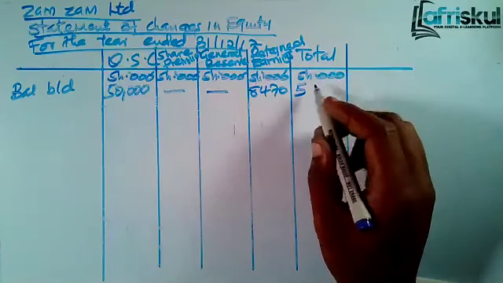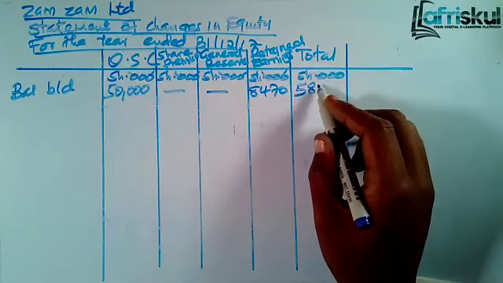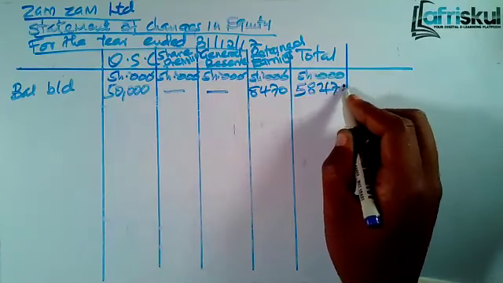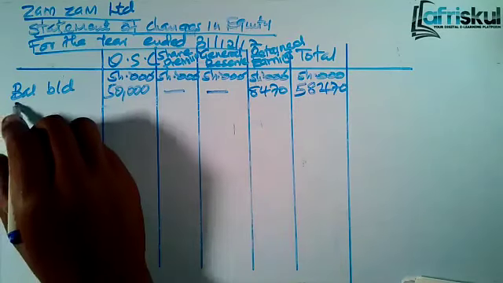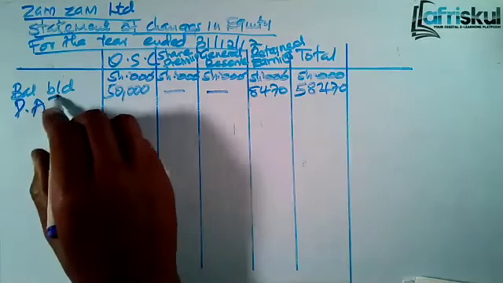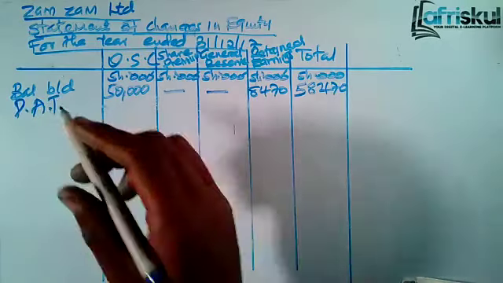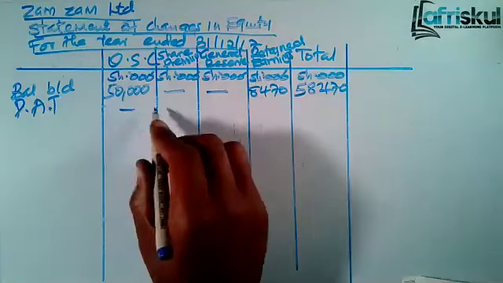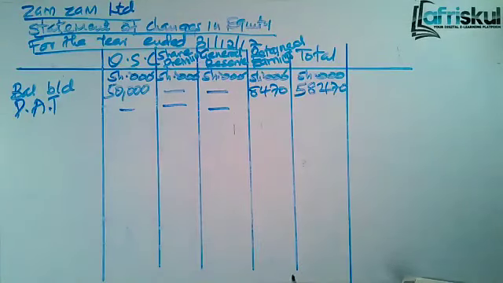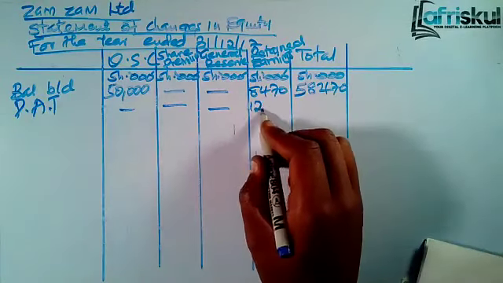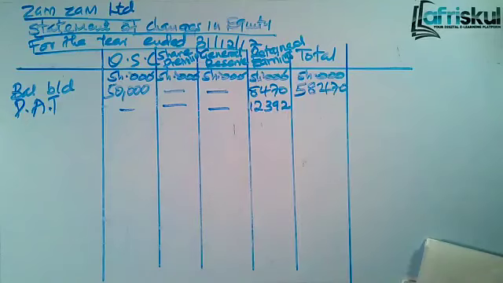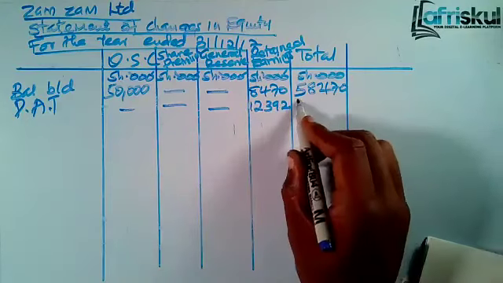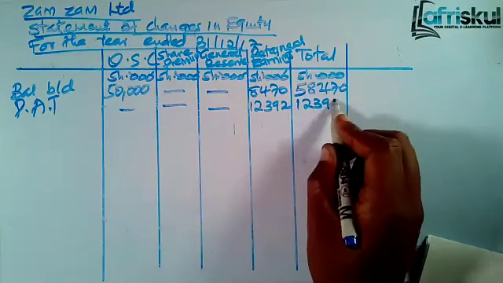When I take on my calculator, I'm getting 58,470. So from there, we'll add the profit after tax. What we've gotten as our profit after tax was a value of 12,392, which is increasing our retained earnings. So we will add it there.